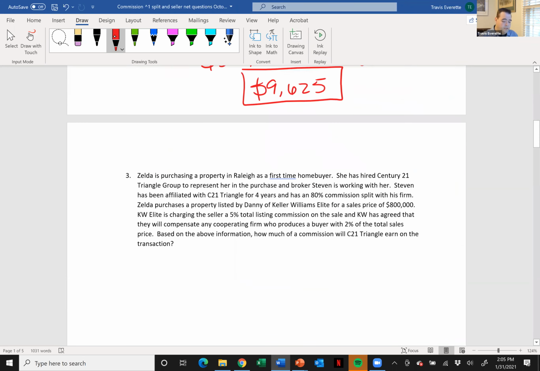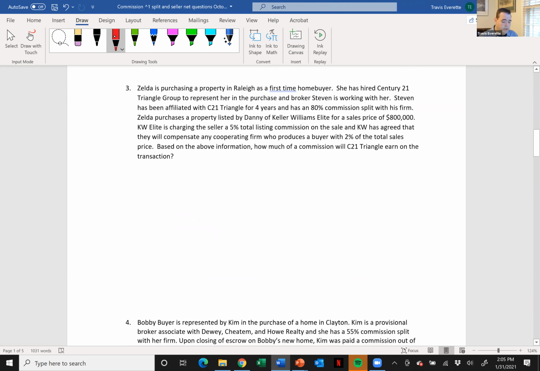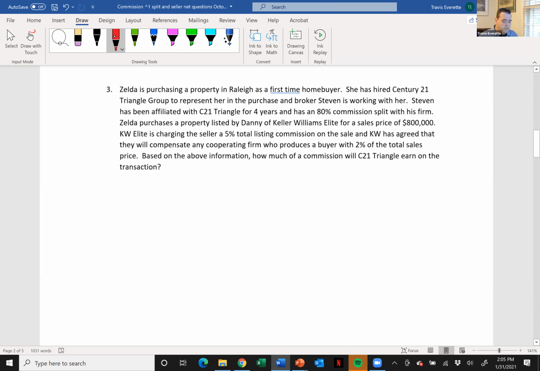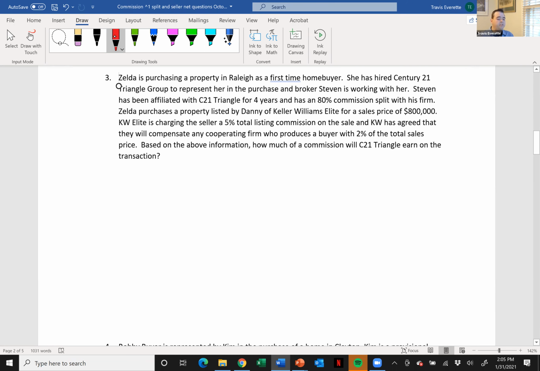Let's take a look and see if number 3 is one that we can focus on. It says Zelda is purchasing a property in Raleigh as a first-time home buyer. She's hired Century 21 Triangle Group to represent her in the purchase, and broker Stephen is working with her. Stephen has been affiliated with Century 21 Triangle for 4 years and has an 80% commission split with his firm. Now, we haven't seen big numbers like that yet, right?